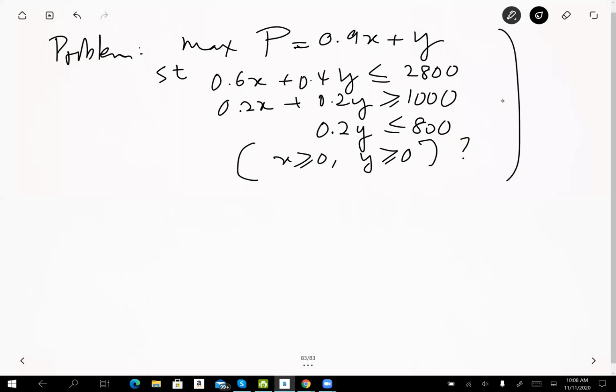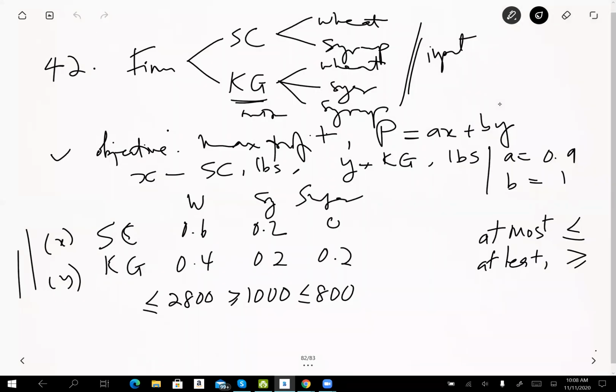Now, if you have the problem, give yourself 2 marks. If you don't have the problem, don't give any marks. For the beginning part, where you come up with the table here, get the summary, get the variables, this is 1 mark. If you don't have a table, you have the variables, then no marks.